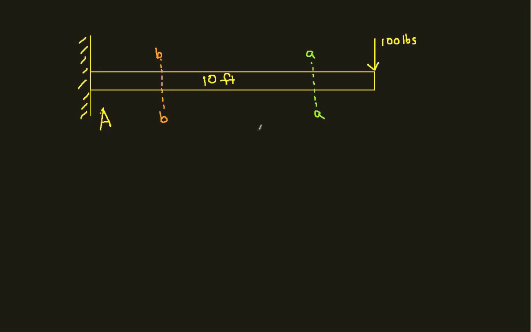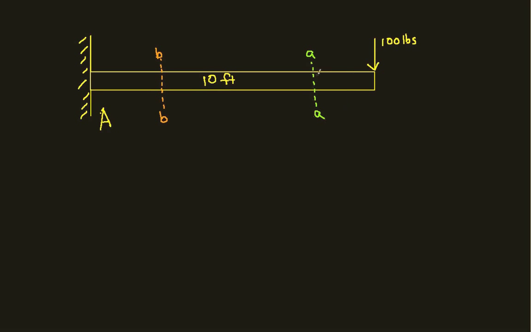And what we want to do is find the tension, shear force, and bending moment at these points AA and BB. Now, to do this, we'll cut the beam at AA and BB. For example, at AA, we'll cut the beam, get two free body diagrams, and then solve for the internal forces.